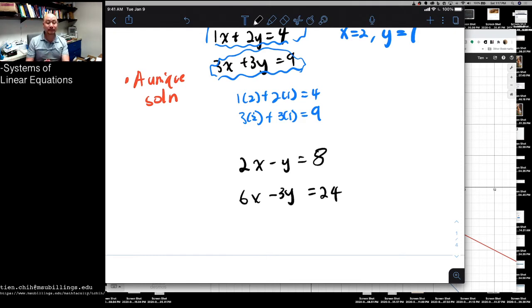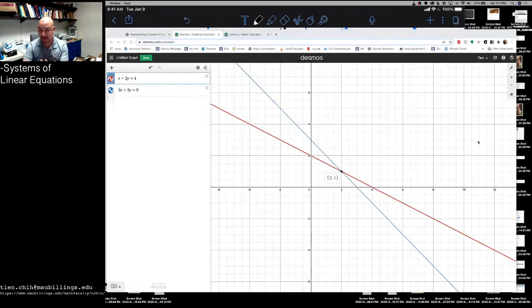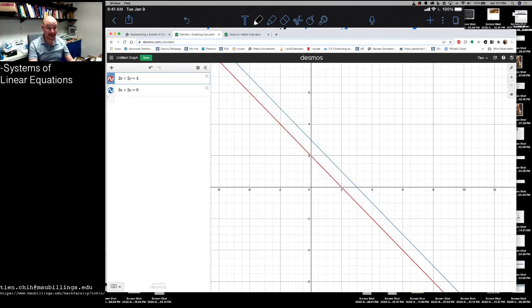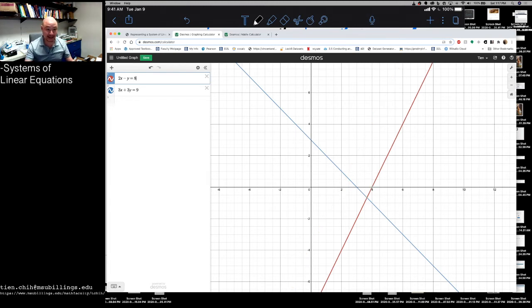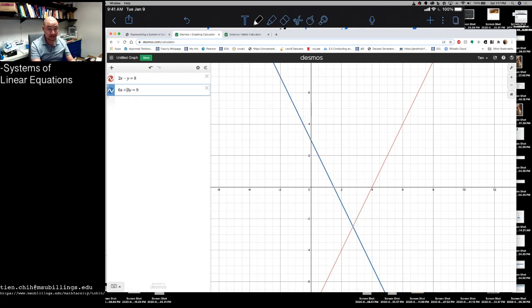If I approach this the same way as I just did, let's replot these lines. 2x minus y is 8, and 6x minus 3y is 24.